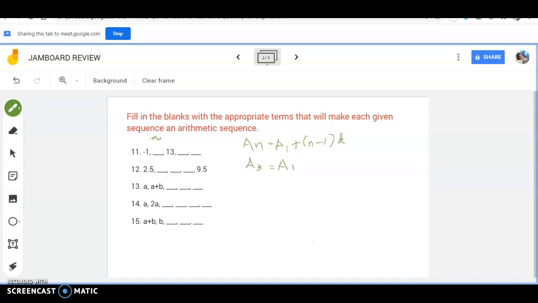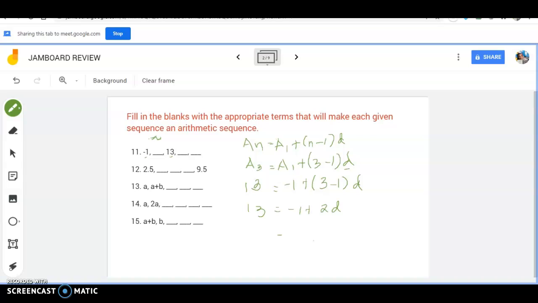We have the first term plus 3 minus 1 times d. Since we are given the first term and third term, we substitute them to get the value of our common difference, right? So, we have 13 and our negative 1 plus 3 minus 1 times d. So, with this, we have 13 equals negative 1 plus 2d.